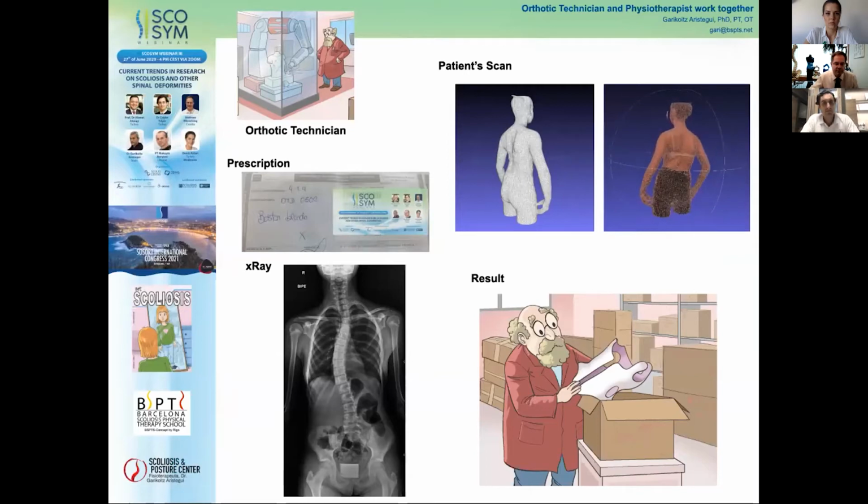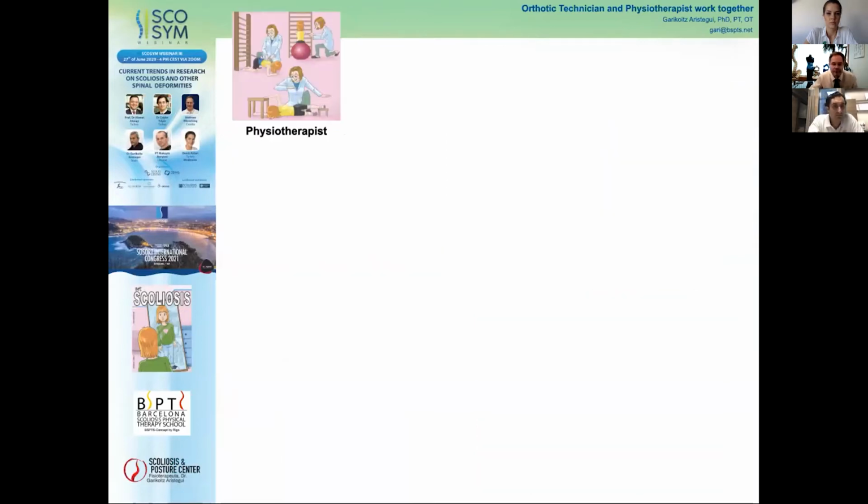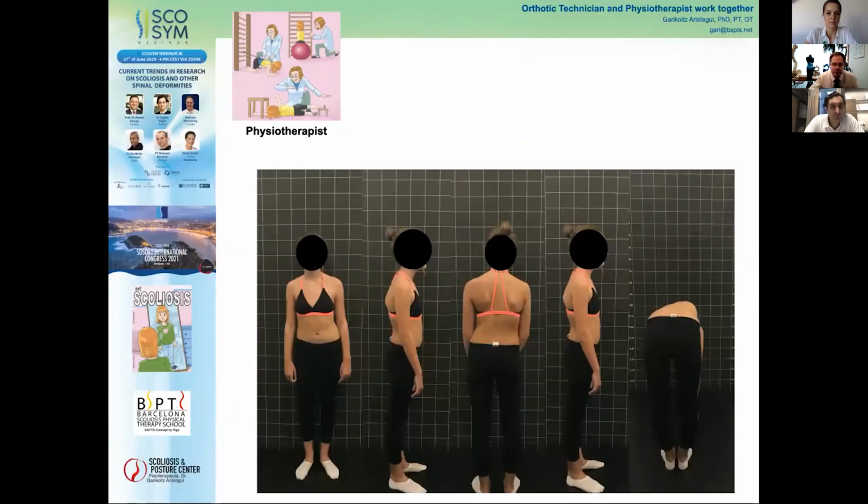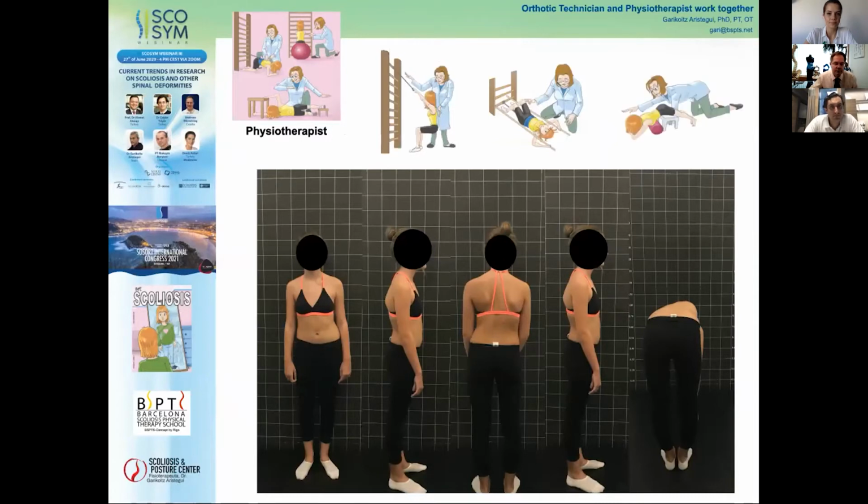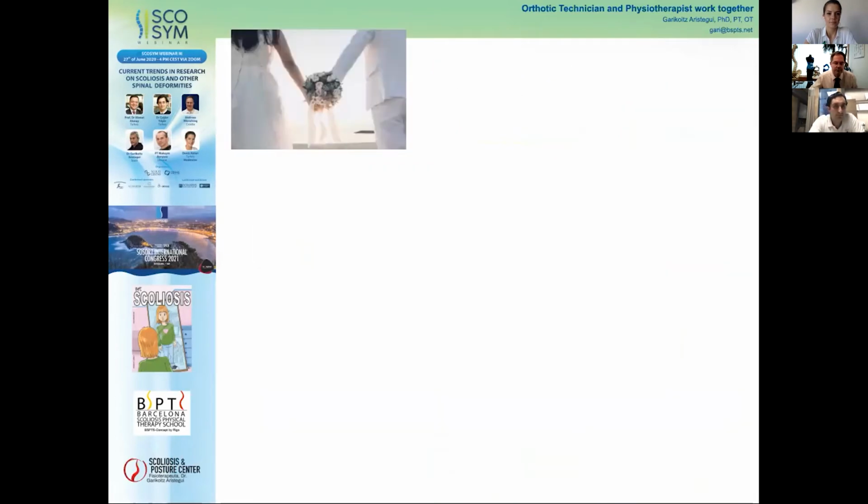As a physiotherapist, what do we do? First, the assessment, the postural assessment. From there, taking into account the quality of life, we define some specific exercises. So at this moment, orthotists and physiotherapists are ready to get married.